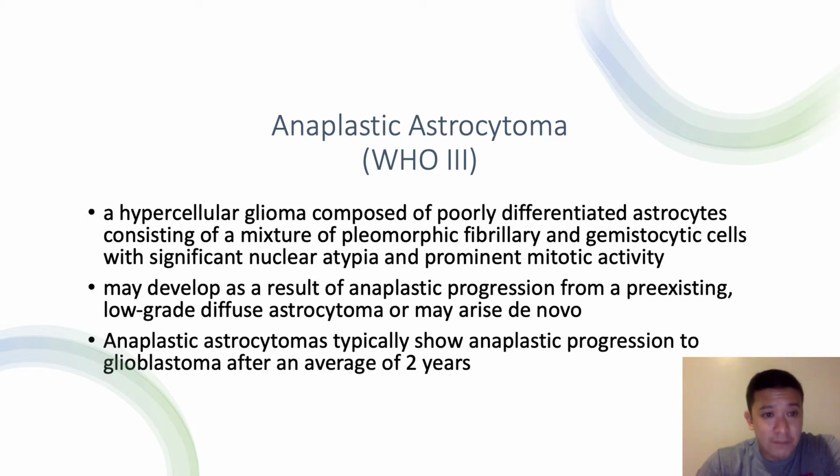Now, this may develop as a result of an anaplastic progression from a pre-existing low-grade diffuse astrocytoma, which we spoke about in the previous slides. And they typically show anaplastic progression to glioblastoma after an average of 2 years. So the WHO grade 3 anaplastic astrocytoma may progress to a WHO grade 4 glioblastoma multiforme.